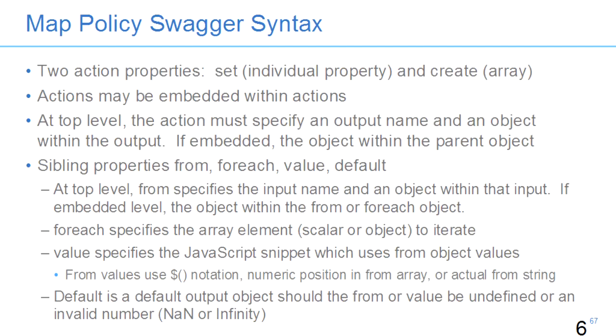And then there's a default value that you can specify that should the actual input be undefined, or let's say you have a JavaScript evaluation that turns out to be an invalid number, whether it be not a number or infinity, the default value would be used as the output value in that particular case.